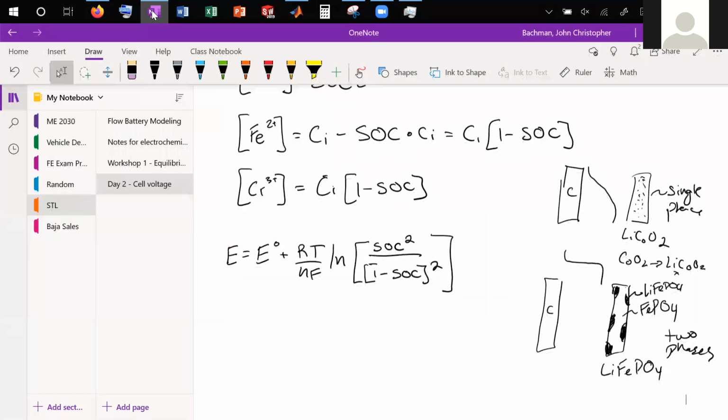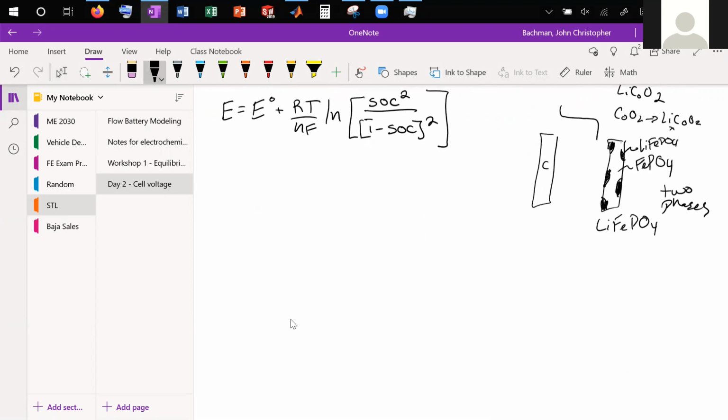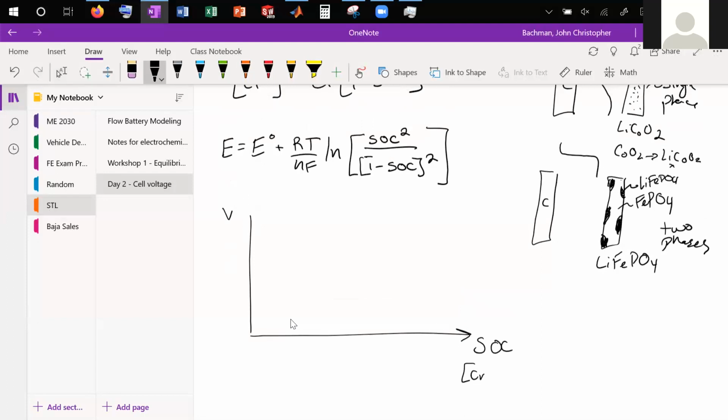But okay, so we basically found so far that our voltage as a function of our state of charge, or you could say this is equal to our concentration of chromium 2 plus, or our concentration of iron 3 plus, right?